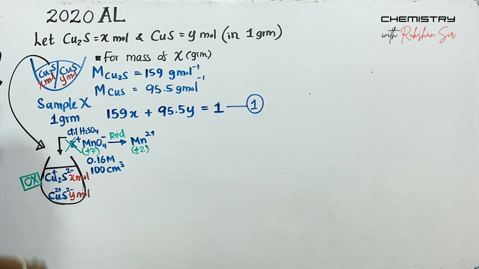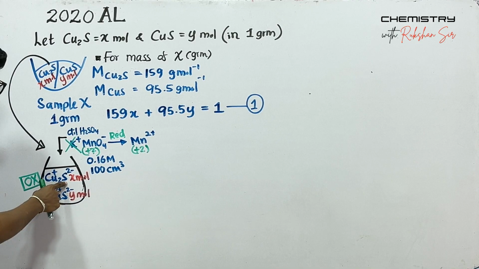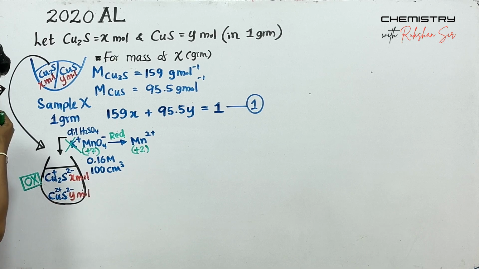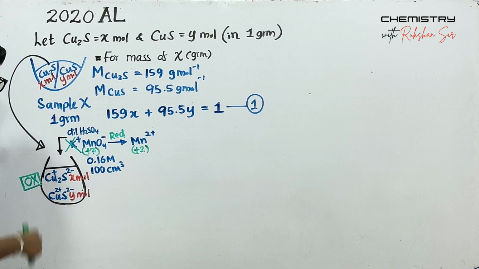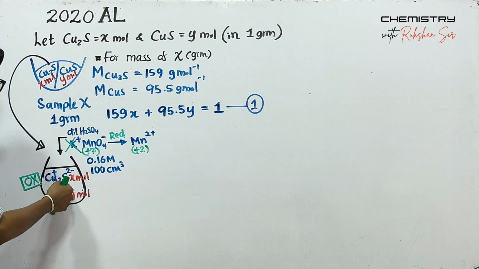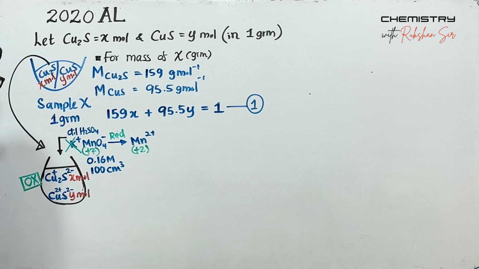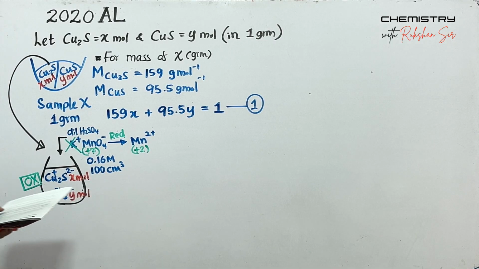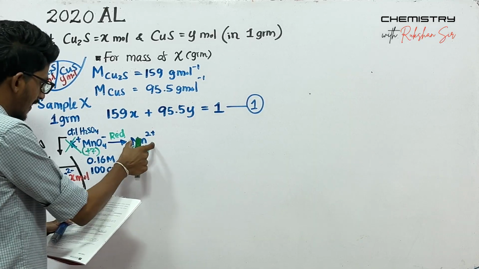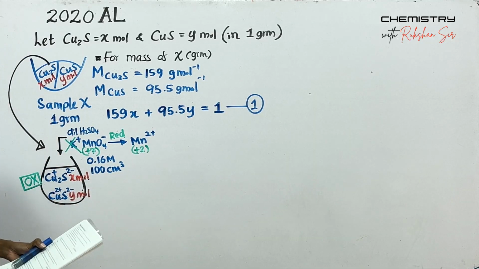What about the S2 minus? Yes, the S2 minus is also not in its highest oxidation state. S2 minus is not representing the highest oxidation state of sulfur, right? So S2 minus will also get oxidized. In the question, they mention that the products are Mn2 plus, copper 2 plus and SO4 2 minus.